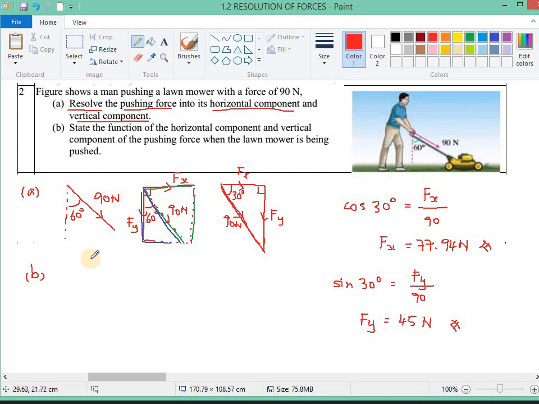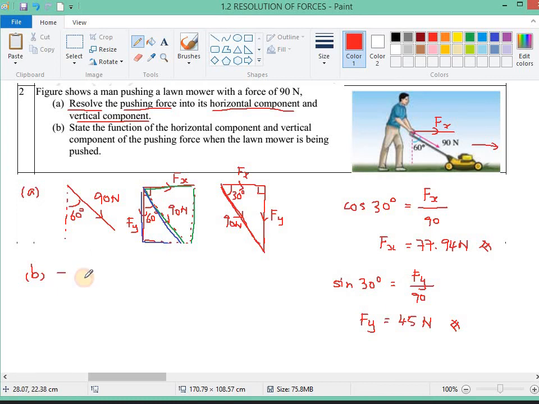Alright, B: state the function of the horizontal component and vertical component of the pushing force when the lawnmower is being pushed. So what is the function of the horizontal component? This horizontal component is responsible to make this lawnmower move forward.